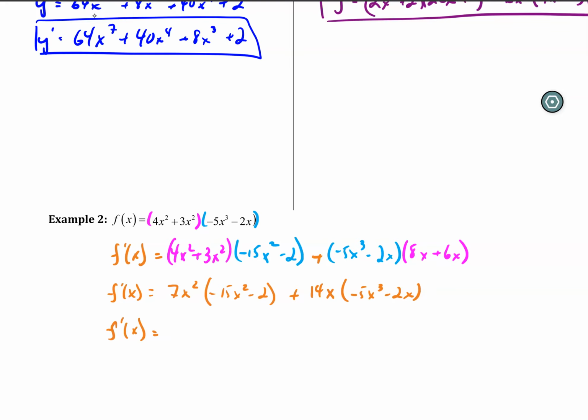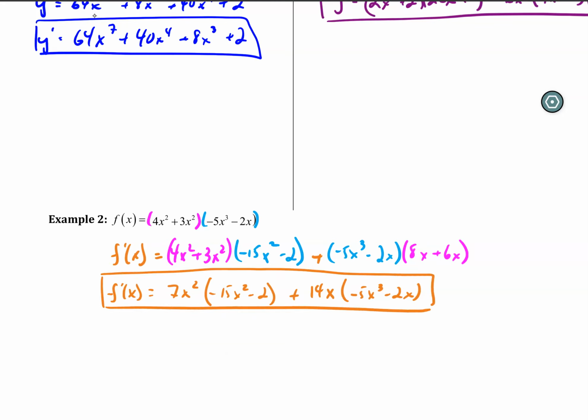For argument's sake, let's leave it the way it is. I could distribute this out and get it into one big expression, but it's not required. Because of the monomial portion, it's not terrible to do overall.